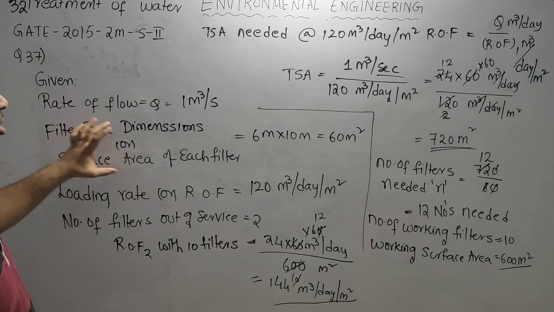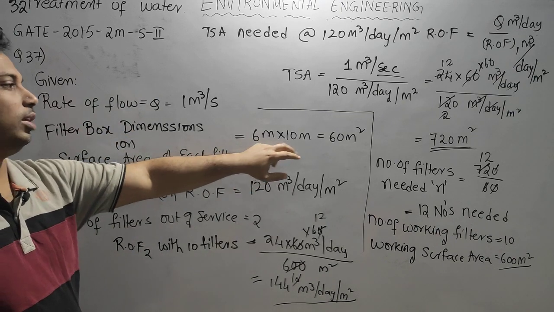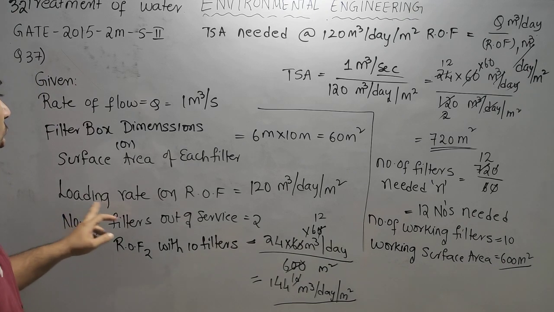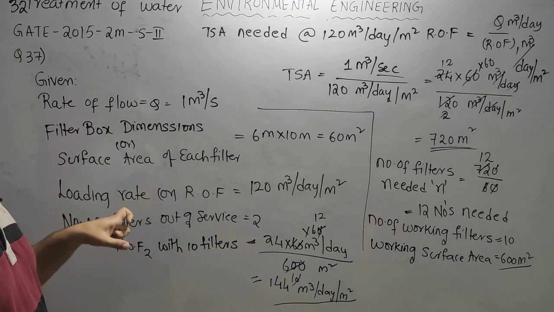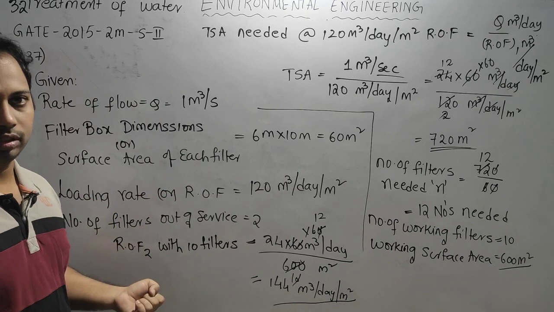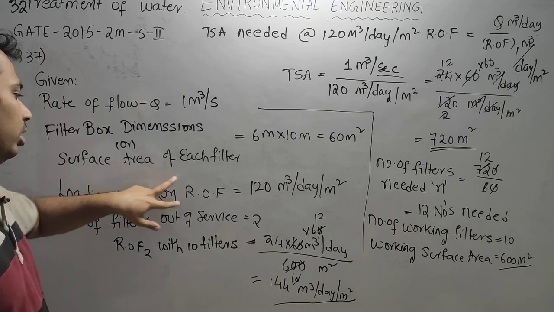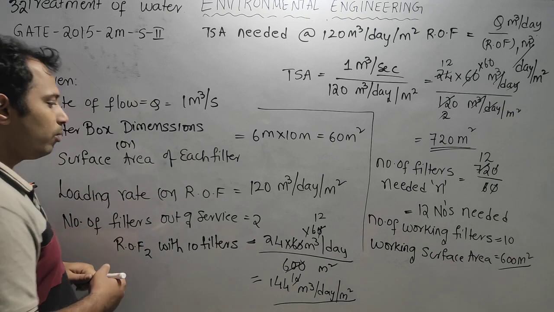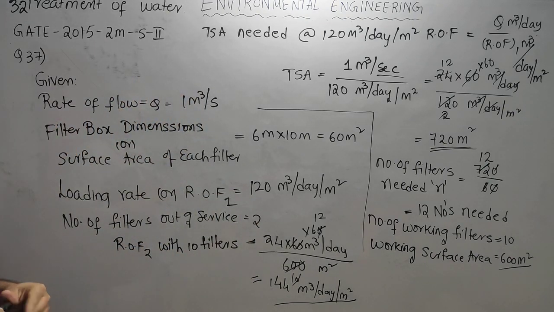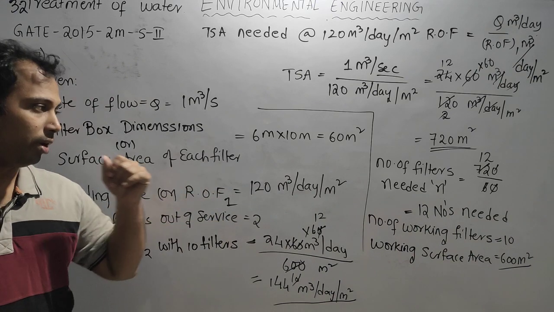Each filter box is having a dimension like this, so each filter box area we get from this. The initial loading rate, before sending the filters out of service, is the rate of filtration, RoF1, which is 120 meter cube per day per meter square.